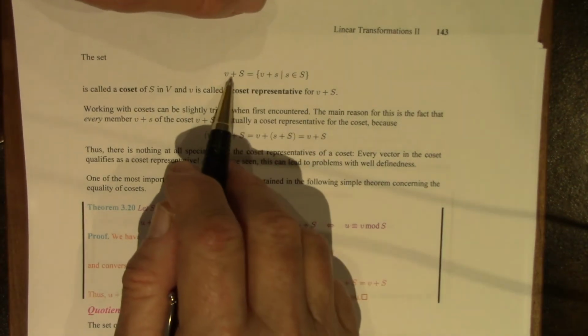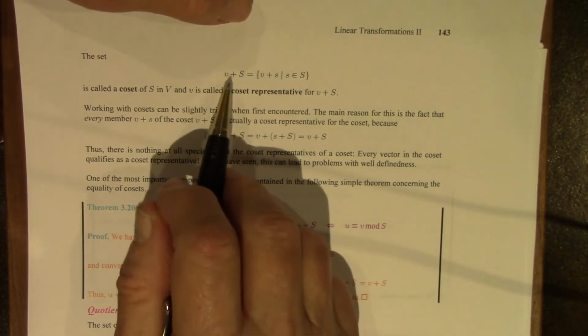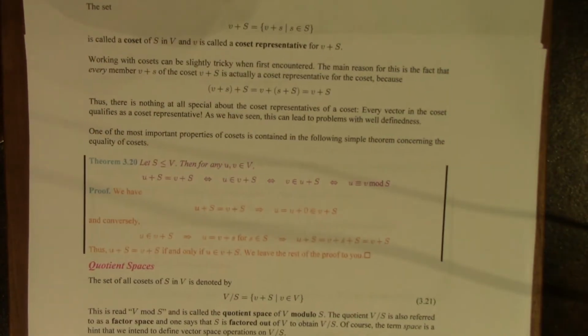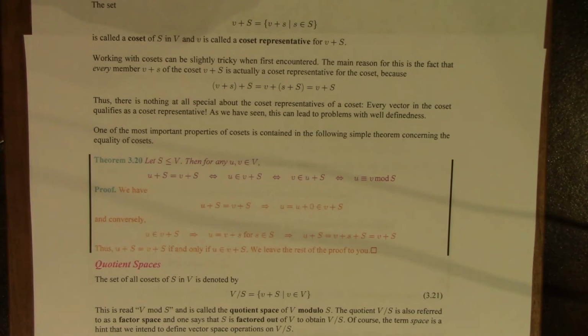So there's nothing at all special about this particular v. It could have been any vector in the coset. And so what you have is a lot of redundancy in the expression of a coset.